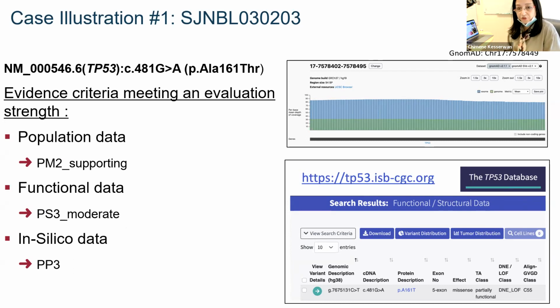And I am fortunate to sit on the somatic task force of this TP53 database. I co-chair along with Pierre Hainaut from France, who is the expert in TP53 who started the IARC TP53 database.